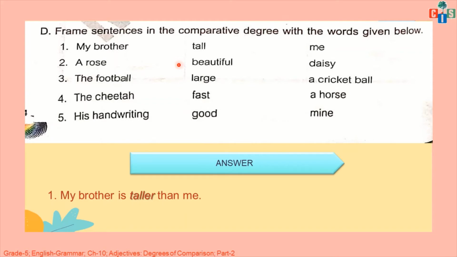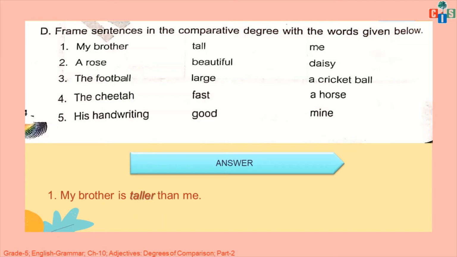Because it's a rule that when we are changing the word into comparative degree, we can add more before the word, or when we are changing it into superlative, we can add most before the word, right? But here we are changing it into comparative degree. So I will add more before beautiful. A rose is more beautiful than daisy. Than, why? Because it's a comparative degree and it's a rule that I have to use the word than.